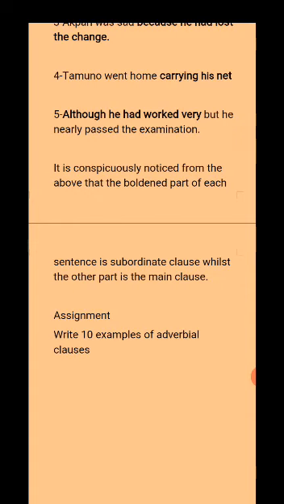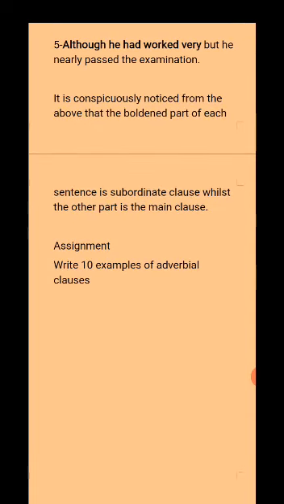If you look at example number 5, "although he had worked very hard" comes before "but he nearly passed the examination." So this tells us that we can bring the subordinate clause to the beginning of the sentence and leave the main clause at the end.